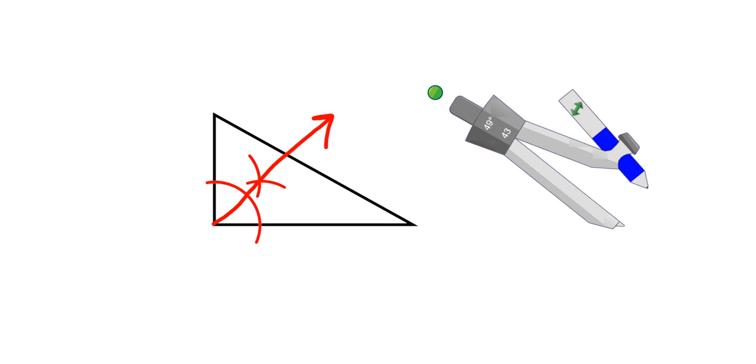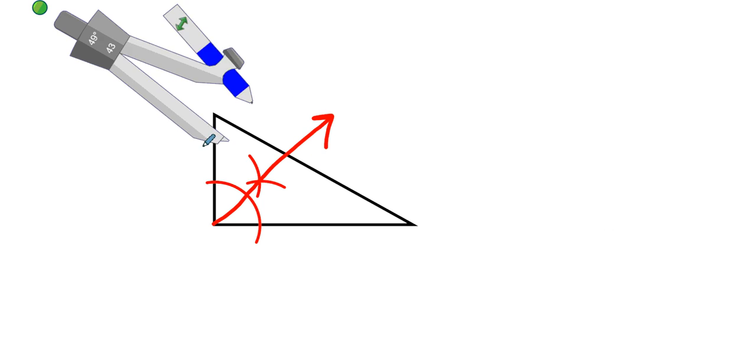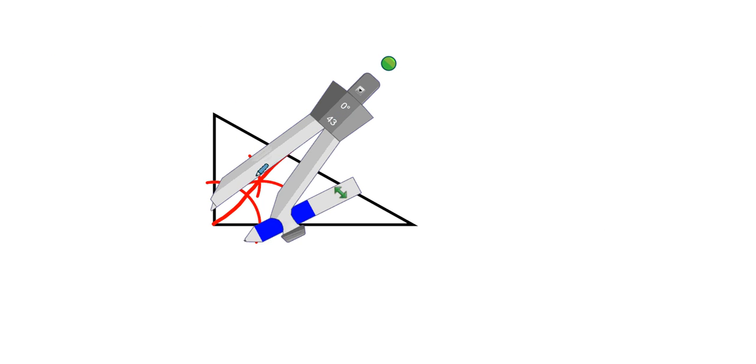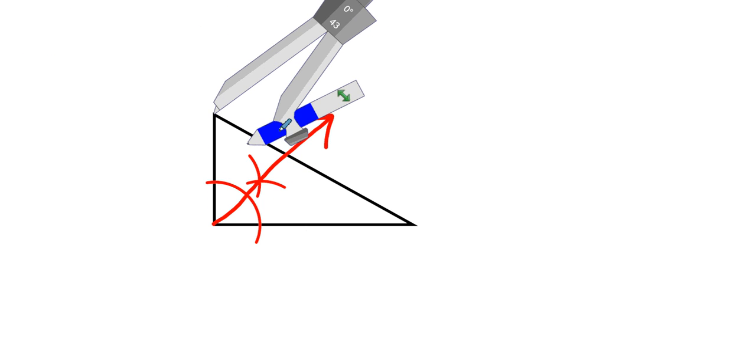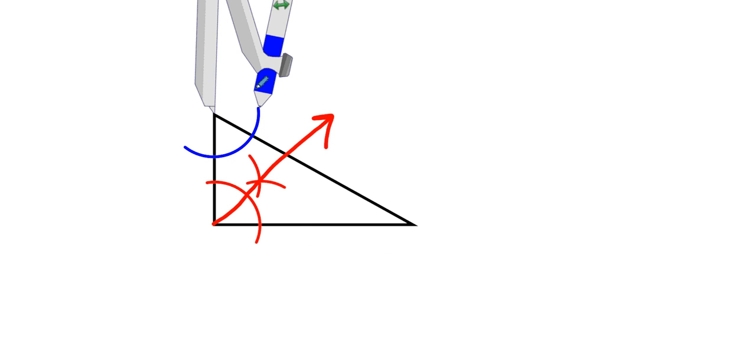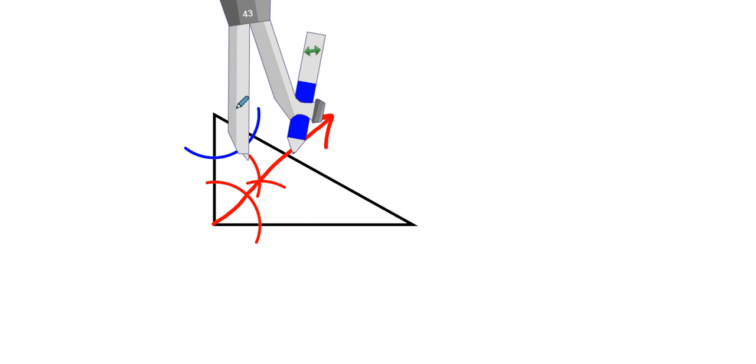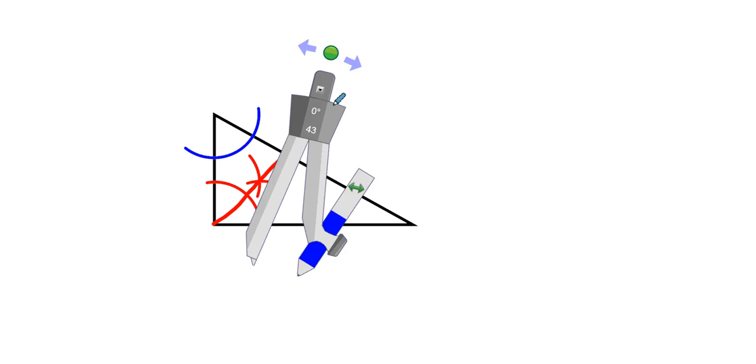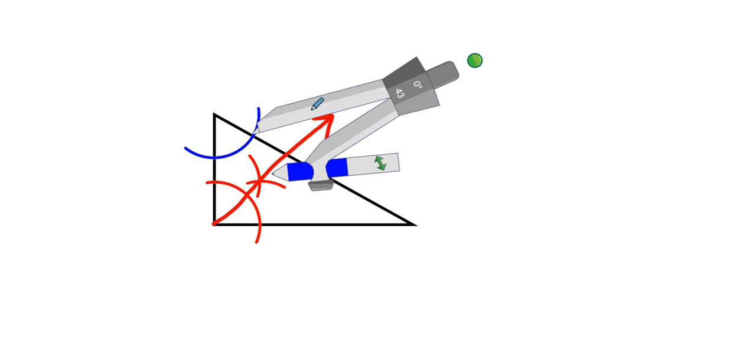And then we'll change the color and we'll come up here and we'll do the same game again. We pick some distance, it doesn't matter. We make a swoopy, doesn't matter. And so we come down to here and we say, all right, we're not moving the compass width, we swoopy.